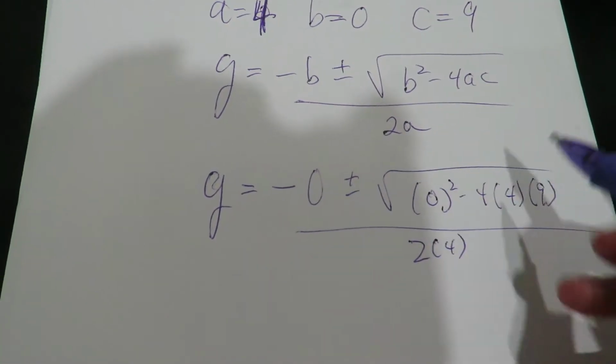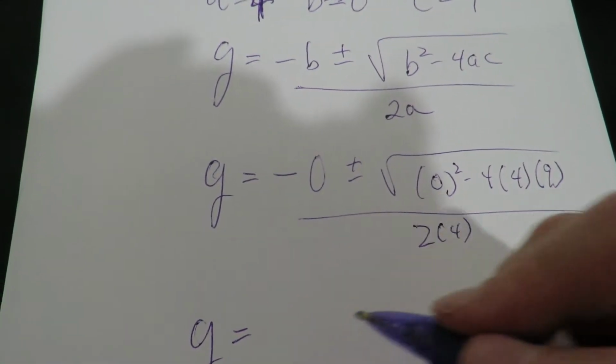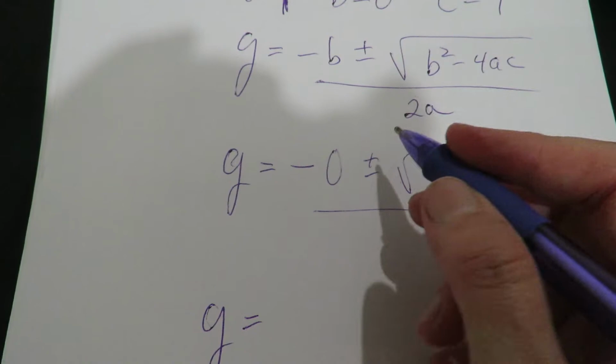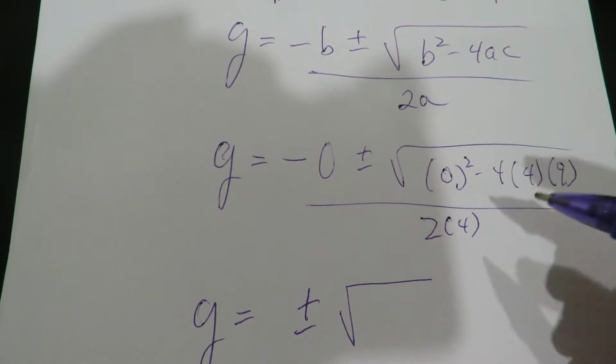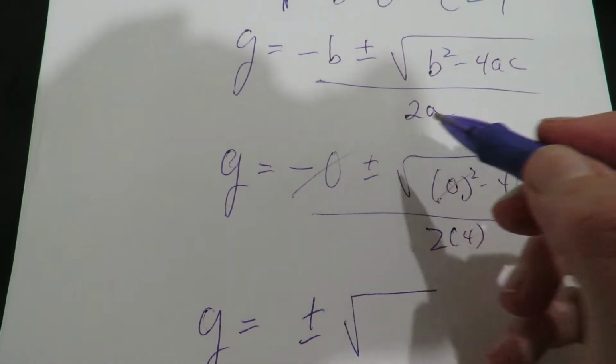Alright, so I put in the values. I'm just going to crunch this out now. Plus, negative 0 just goes away. This is a 0, so this is going to go away. This goes away.